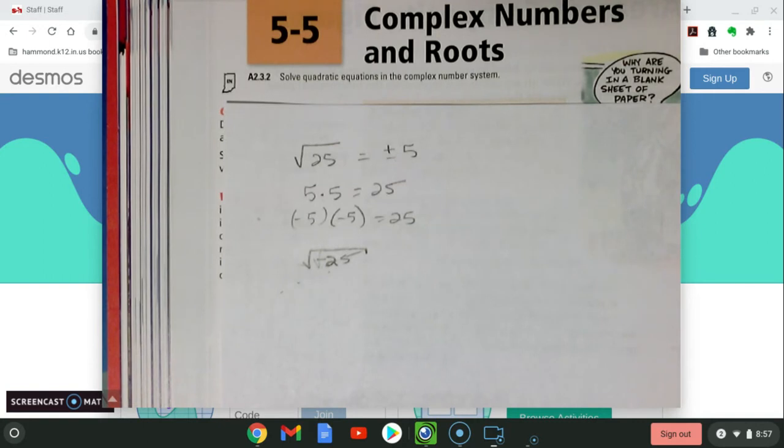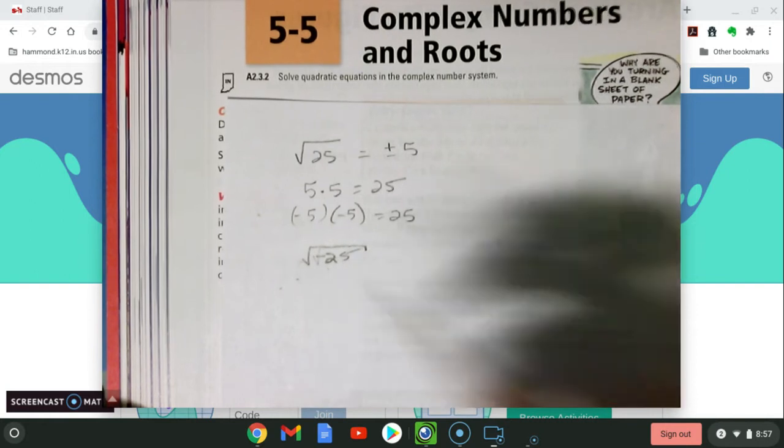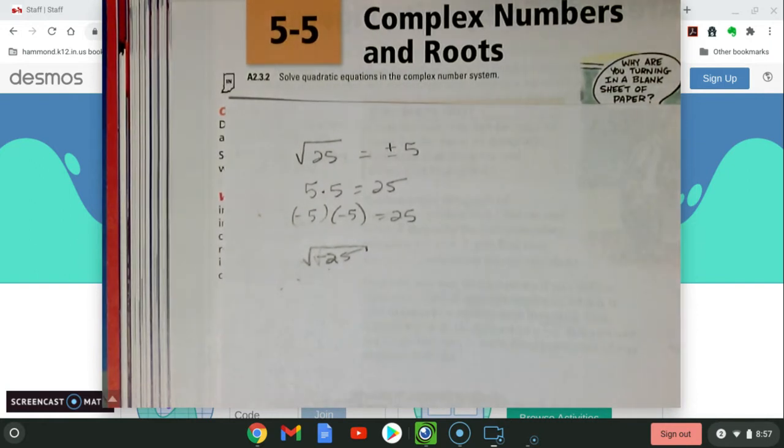As you recall, if I multiply two numbers with the same sign, I'm going to get a positive product. If I multiply a number by itself, by definition, two numbers with the same sign, positive 5 times positive 5, or negative 5 times negative 5. And you might say, well, what about negative 5 times positive 5? Doesn't that count? And no, it doesn't, because those aren't the same number.